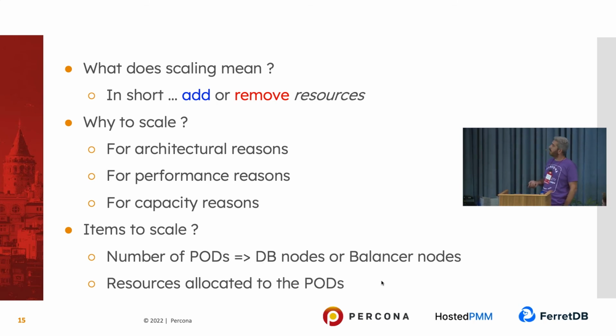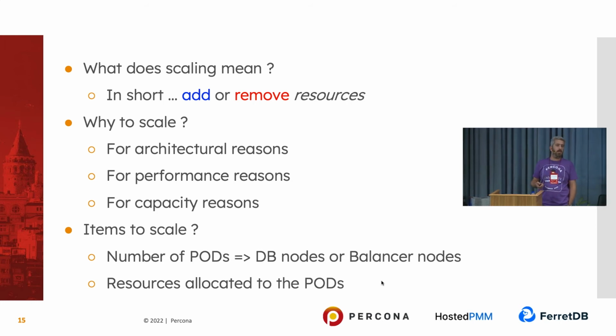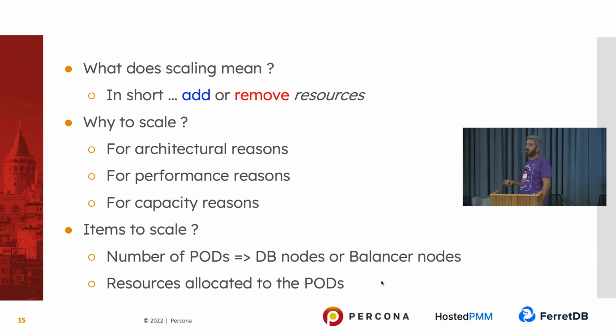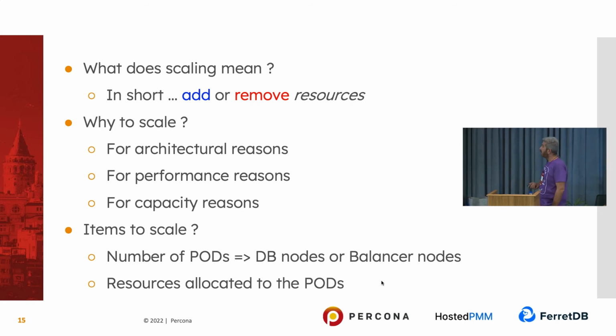And items to scale: number of pods, how many DB nodes I'll have, or balancer, how many HA proxy nodes I'll have. Or what else to scale? The resources. That is, I want to give more memory, or I want to add more disk space, or I want to add more CPU because I have more traffic.